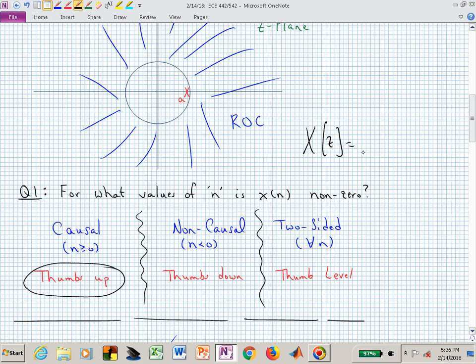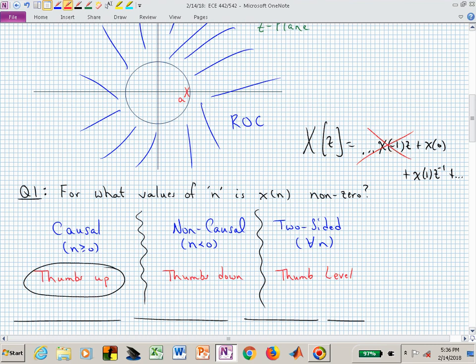And in this particular case, I think you will see that since we can actually go to infinity with this region of convergence, it's going all the way out to infinity, we could plug in infinity into this series expansion, and hopefully it's clear that in order for capital X of z to be bounded, we can't have terms over here in the negative time index.